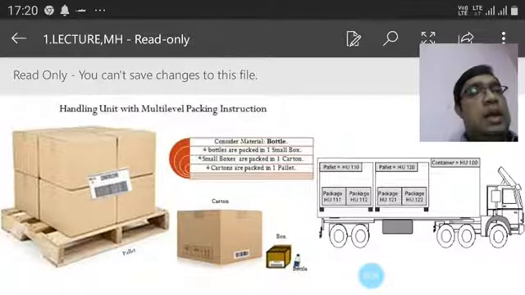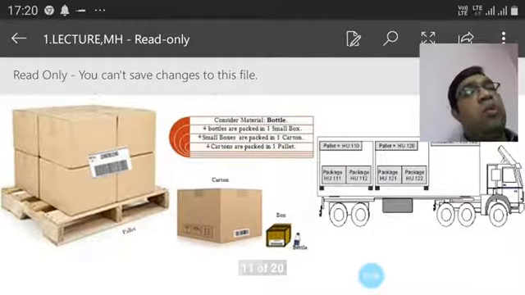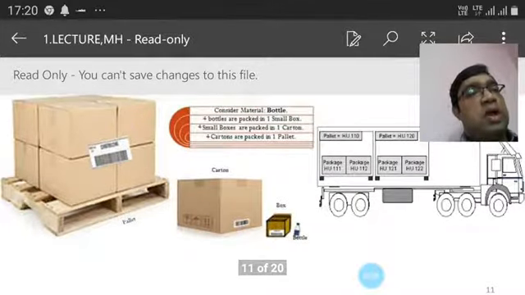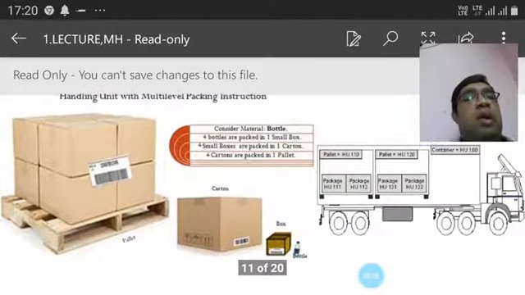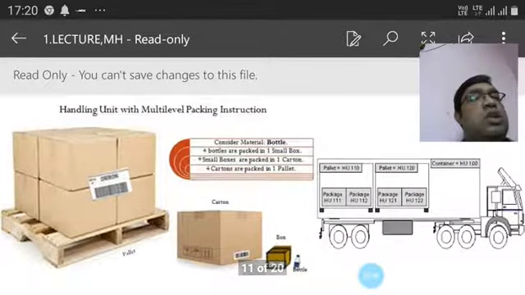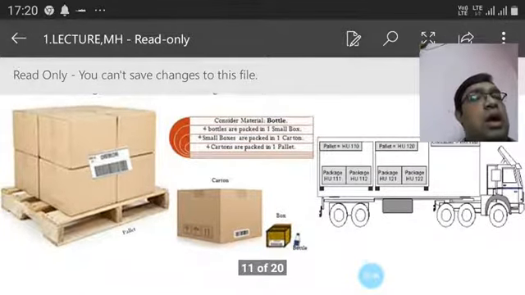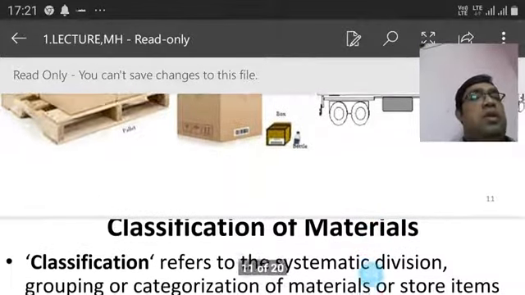Another thing is that four small boxes are packed in one carton. You can see four boxes will be packed in one carton, and four cartons packed on one pallet, and this pallet will be transferred. And all these things you have to put in a four-wheel or six-wheel vehicle, and this will be transferred very easily.